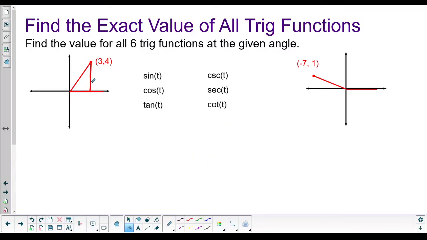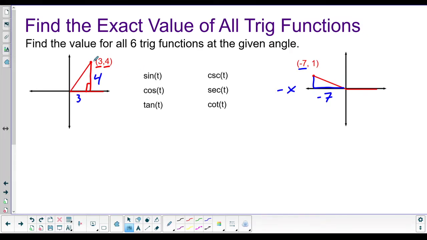Once you do that, realize that x and y are telling you the length of the x side and the y side. If you have a negative, this will still say that this is 7 long. It's just negative because we are on the negative side of the x-axis.